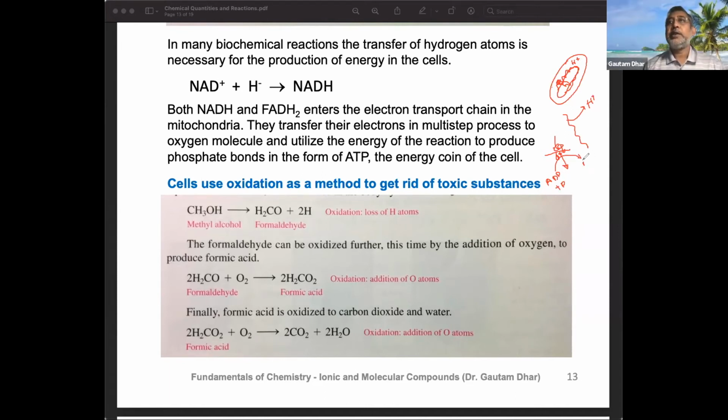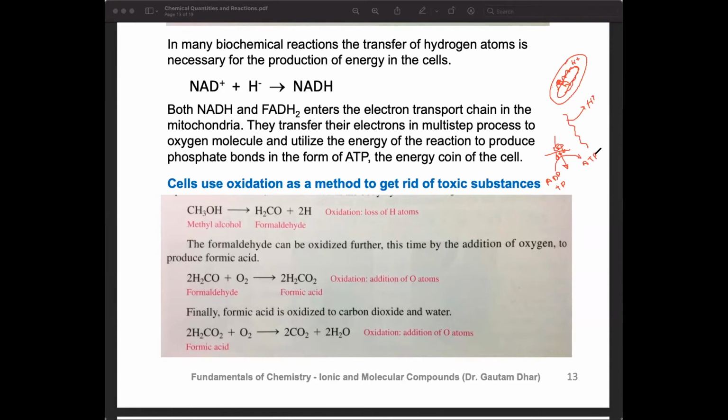So a phosphate bond is getting formed. What you are seeing here is the energy of the electron getting converted to the energy of the acid gradient. And then finally, ATP synthase utilizes that acid gradient to produce a chemical bond, which is our energy coin.